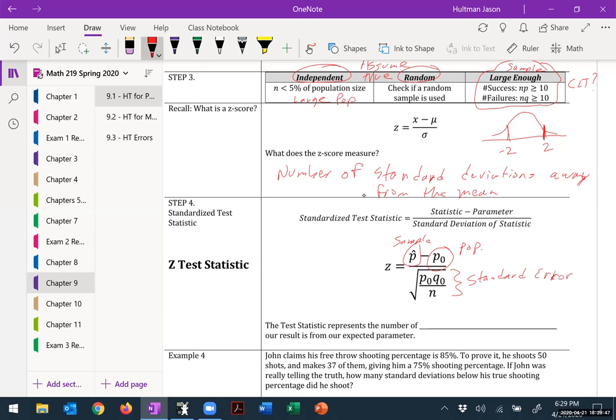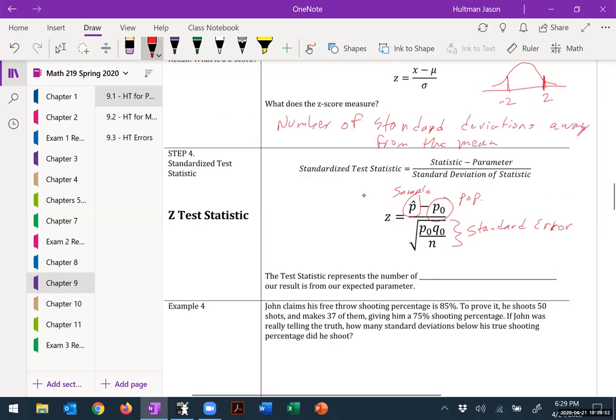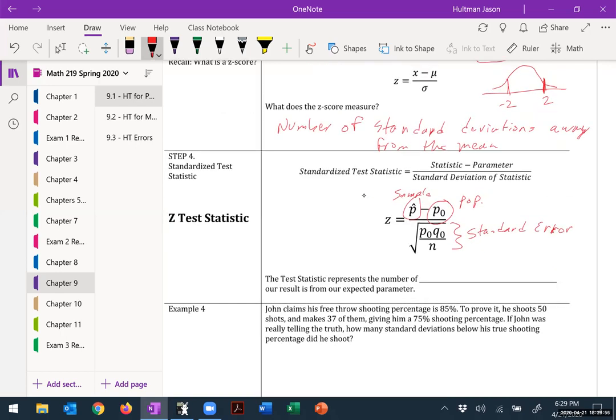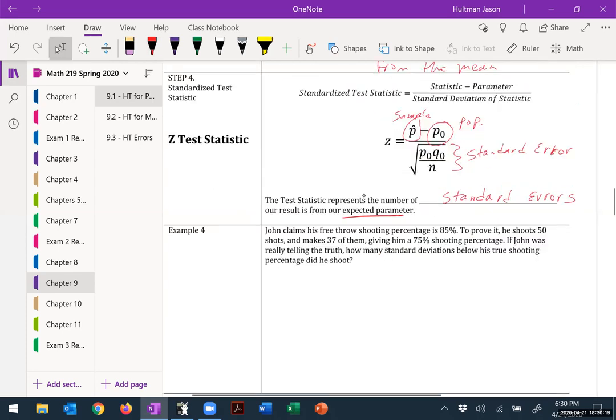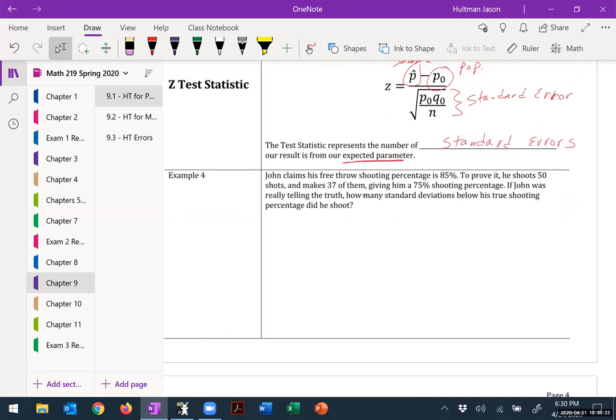That's our standard error there from the confidence intervals. The test statistic represents, in this case, the number of standard errors our result is away from our expected parameter.